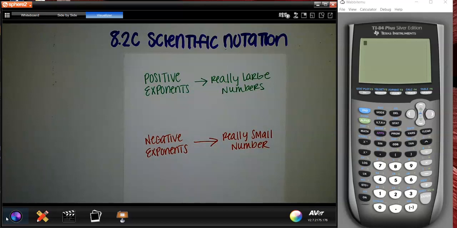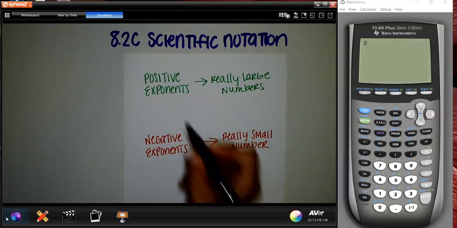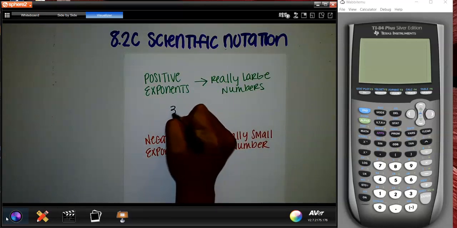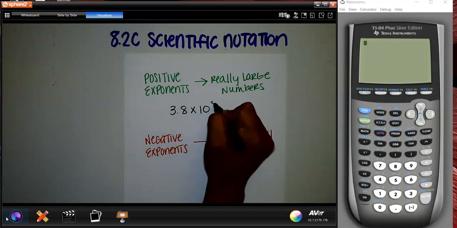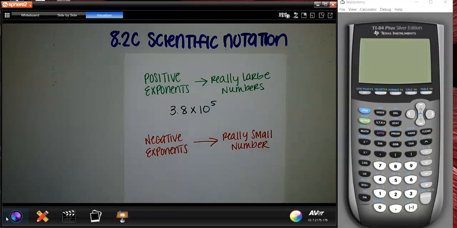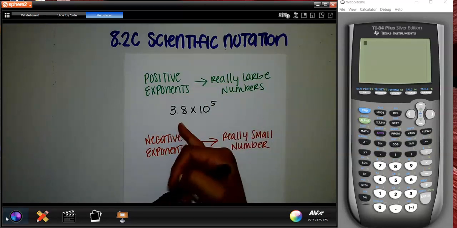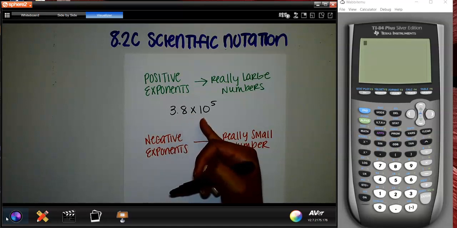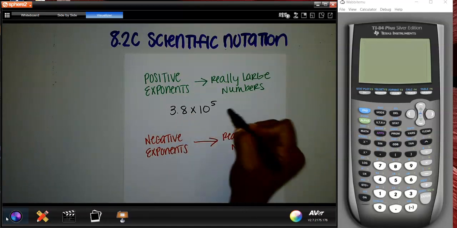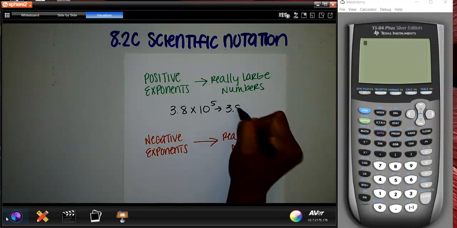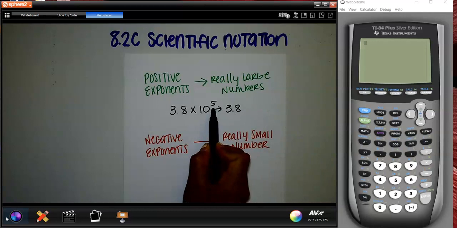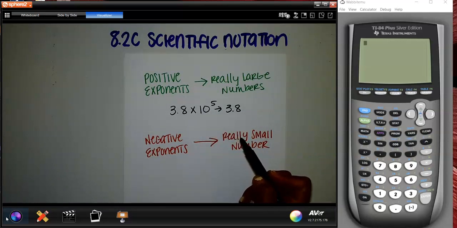So, for example, if I had 3.8 times 10 to the 5th power, again, my exponent is positive, so I know that I'm going to have a really large number, meaning I'm going to move my decimal place to the right. So here, again, I have 3.8. And remember, the exponent tells me how many place values I'm going to move my decimal.